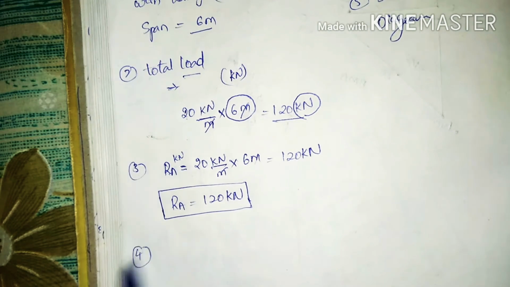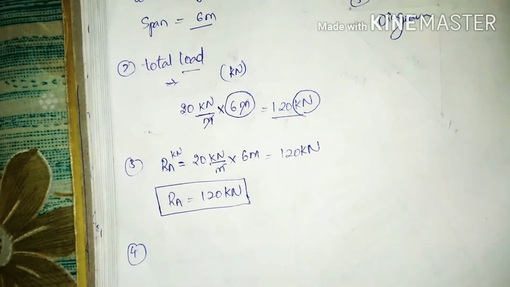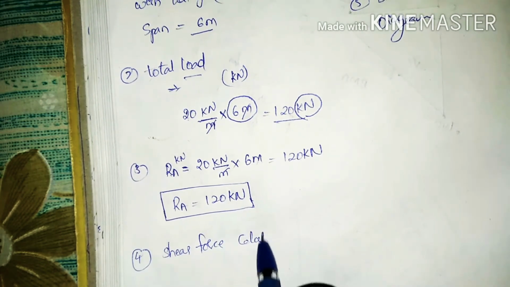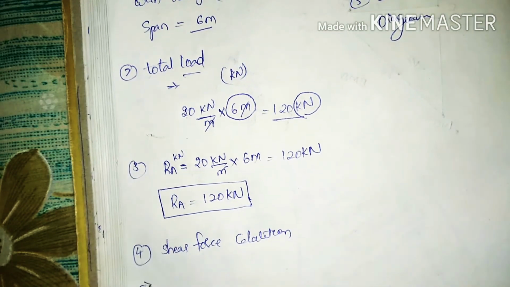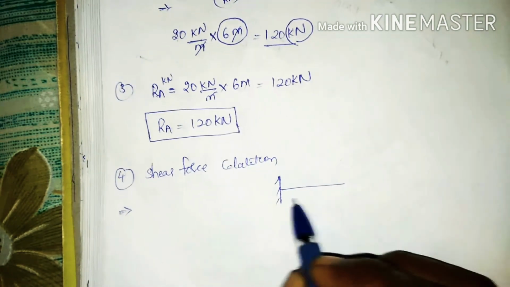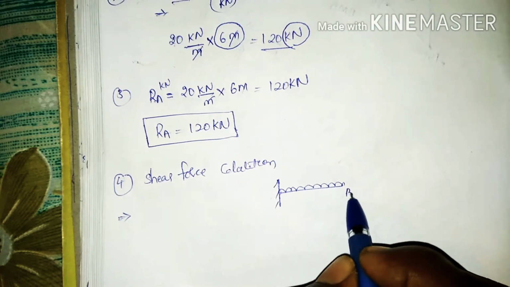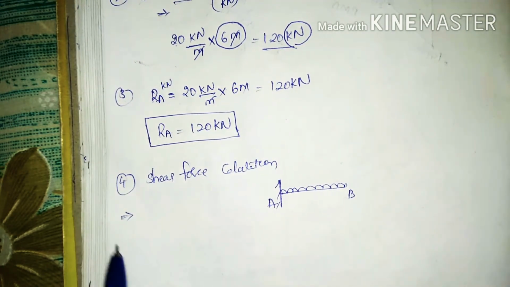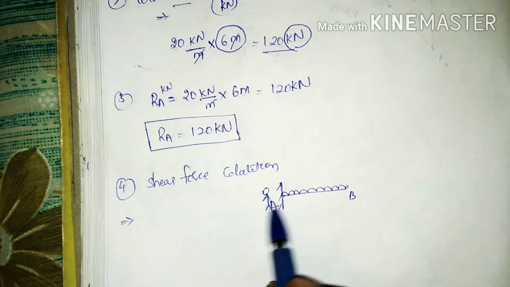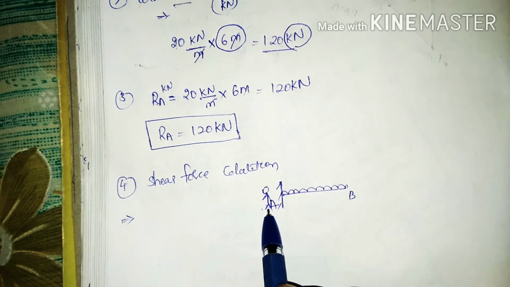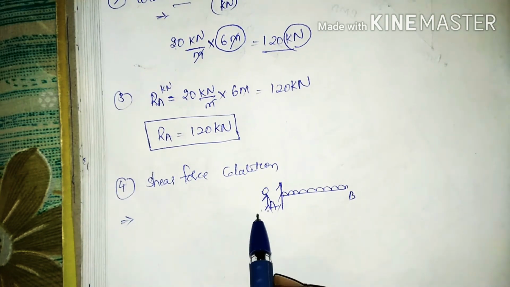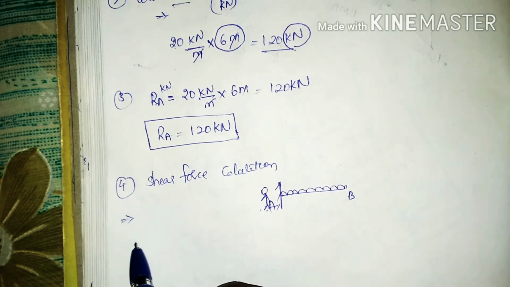And number 4, shear force calculations. Here we have a diagram like this; this is B, this is A. If I stand just left of the A support, I find no forces or reactions on the left side of the support, so I consider it as 0.